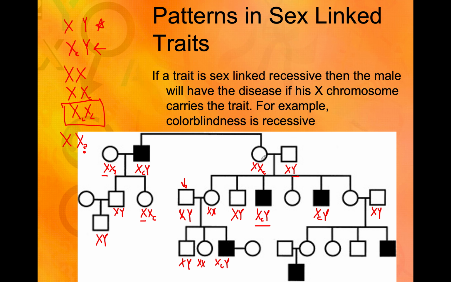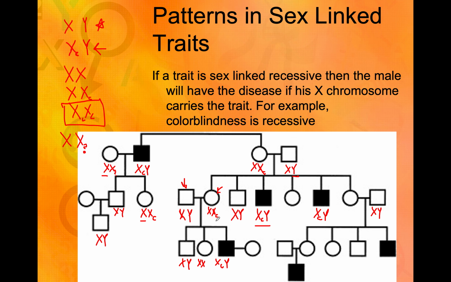If we go back to her mom, she could have gotten a normal X from dad and a recessive X from her mom, and therefore she could be a carrier. But furthermore, what else did I tell you to look at? Either if her dad has it, well, her dad doesn't, but she could have gotten it from her mom in terms of the carrier. But also look at her son. She has a son that has it. Since she has a son that has it, we know she's a carrier. So we know this is 100% correct. All right, we know she's a carrier.